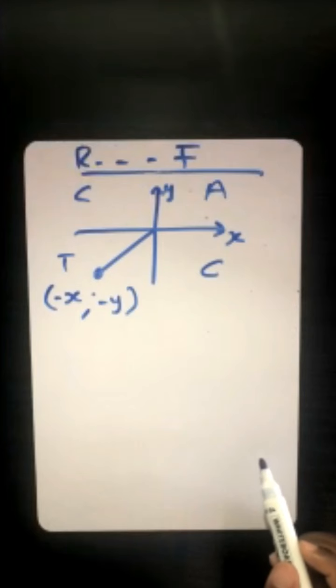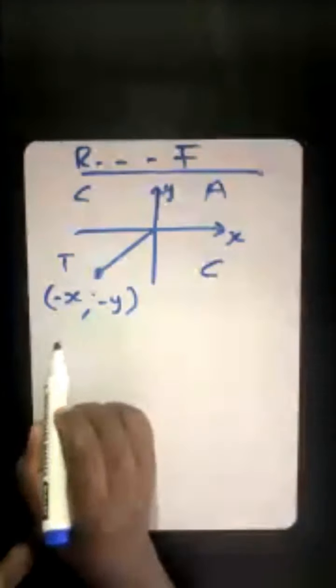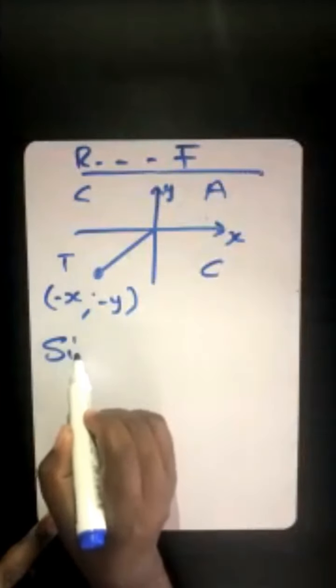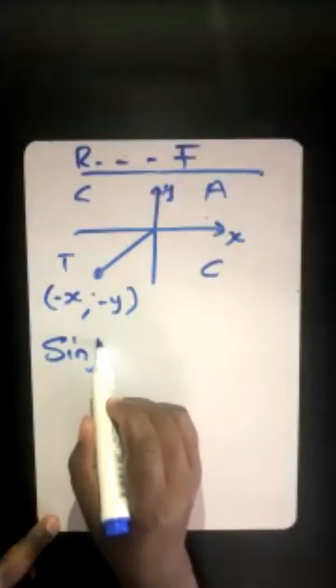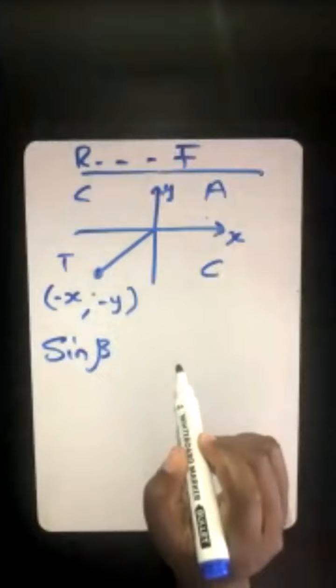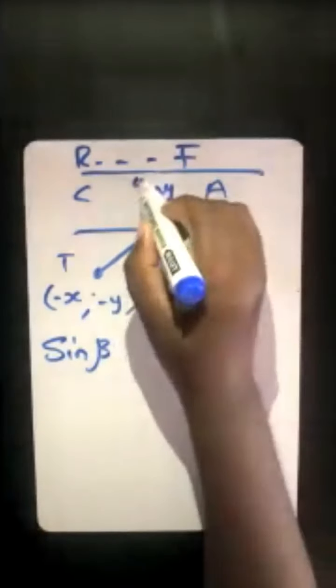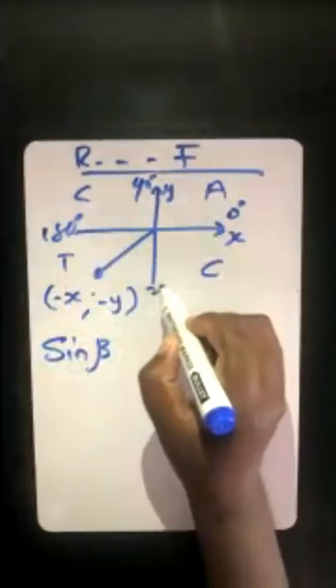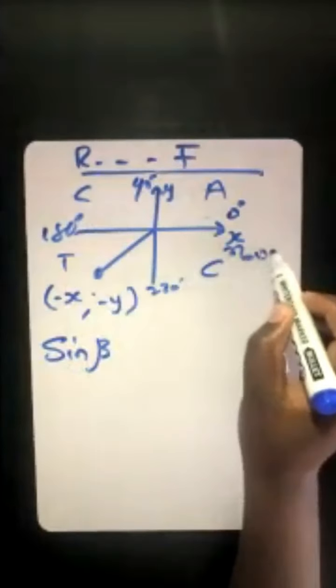Remember, guys, let's also do the same, starting with sine. In this case, let's say it's sine beta. This is an angle which falls, this is 180 degrees, this is 270 degrees, 360 degrees.